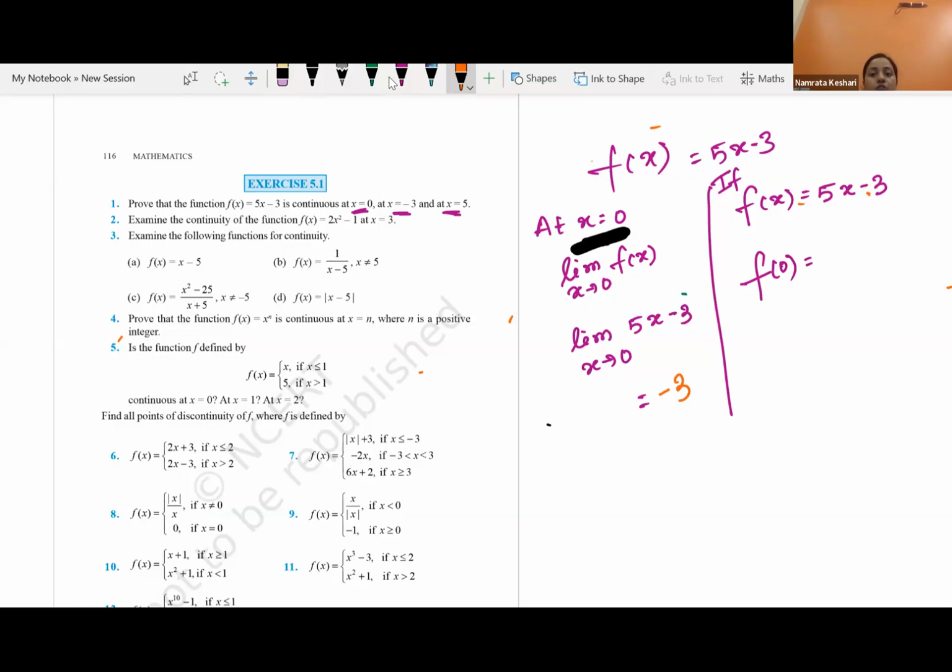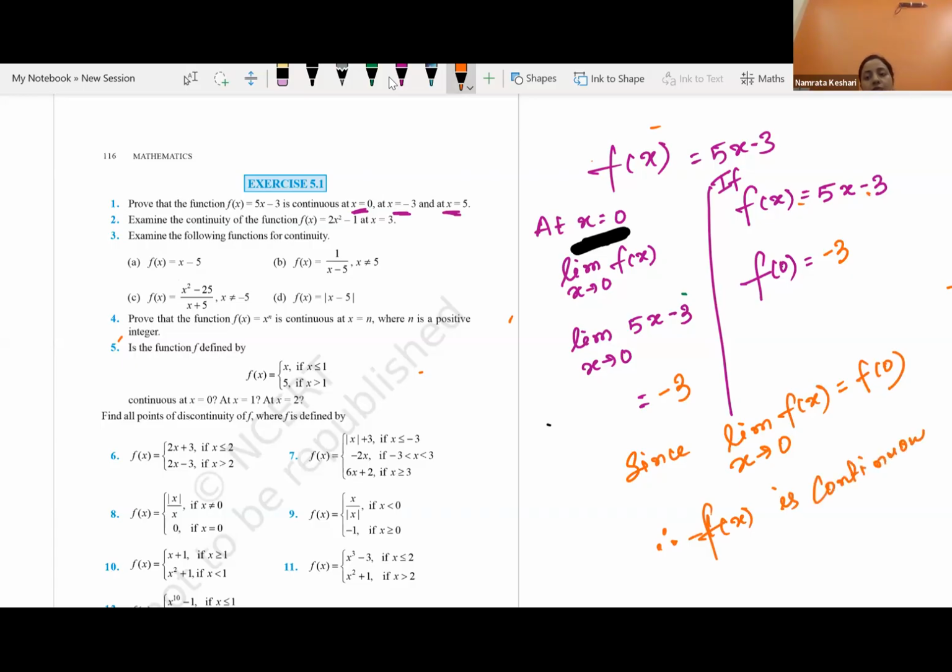So we can say that when x is approaching 0, the limit, left and right hand both, is the same as the function's value at 0. Therefore f of x is continuous at x equals 0. Making sense, Miraj?